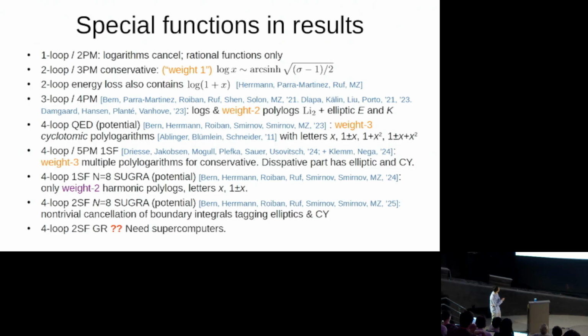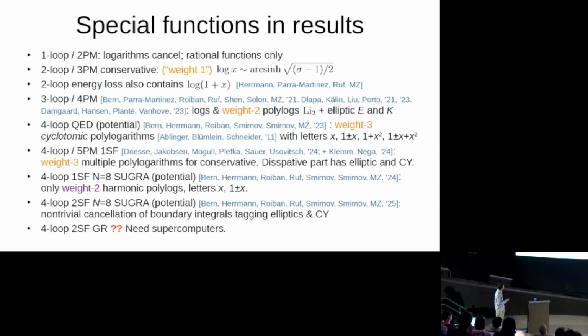Very curiously, if you go to a special supersymmetric theory, but still truncated at the first self-force order, you only get weight 2 polylogs, restricted to be in a very special class of multiple polylogs called harmonic polylogs, with a very small set of symbol letters.